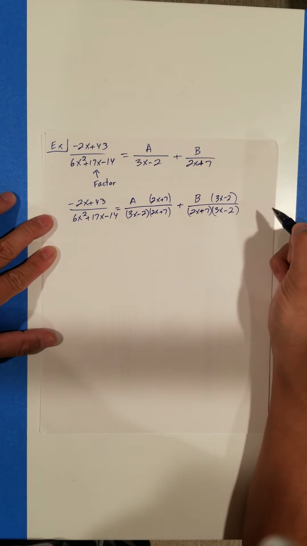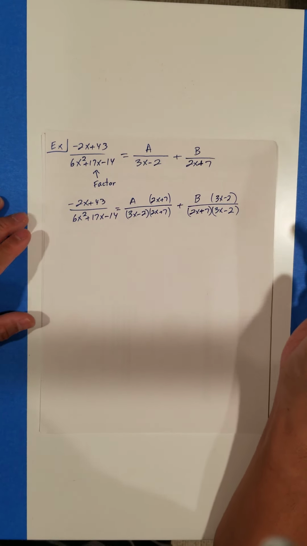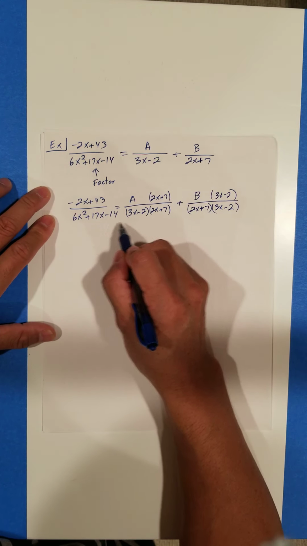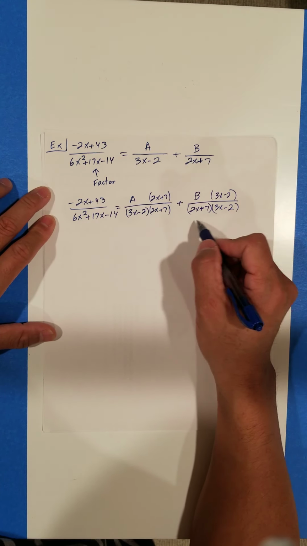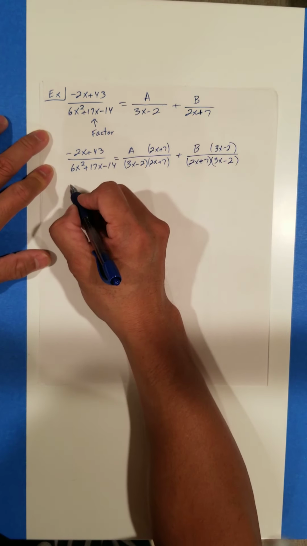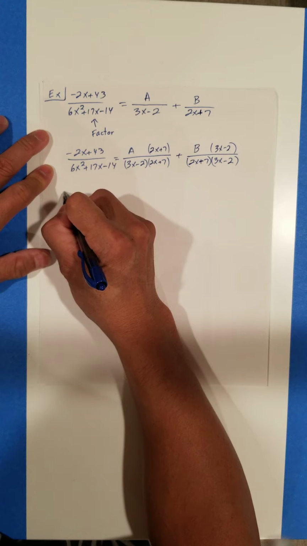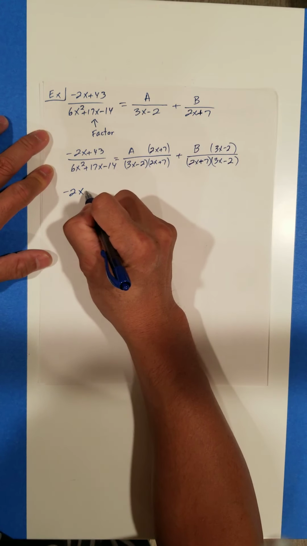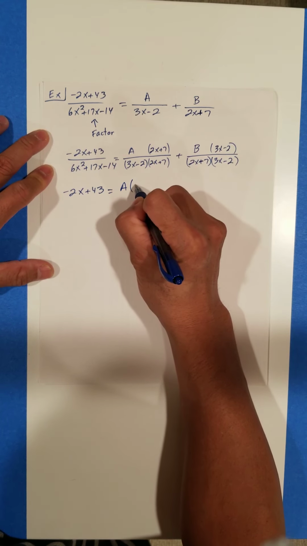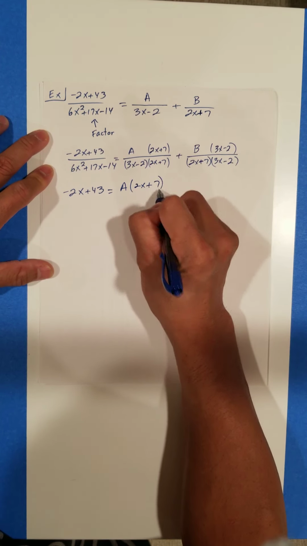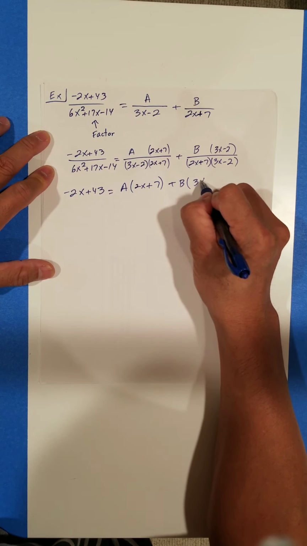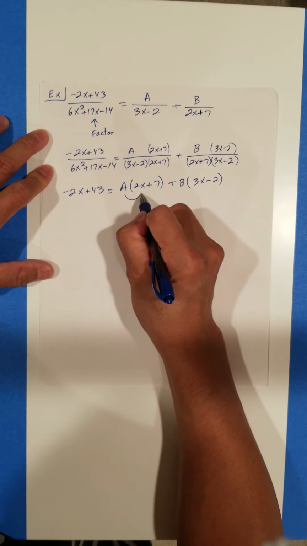Now we notice that all three denominators are the same. Because they're the same, we can just ignore them. In my next step, we're just going to focus on the numerator. So I get A(2x plus 7), B(3x minus 2). And again, let's distribute.